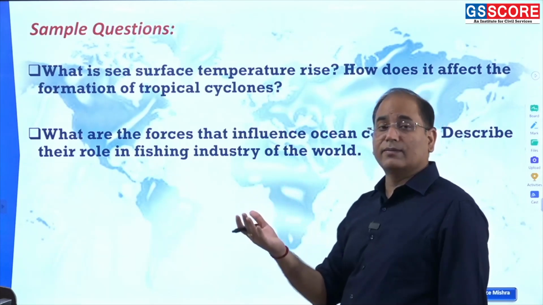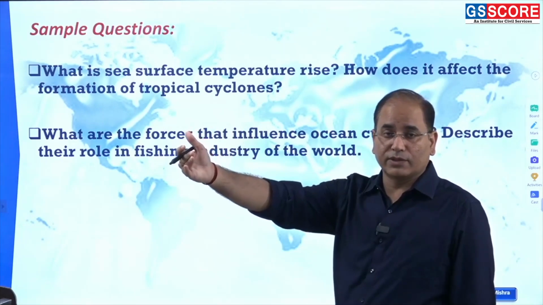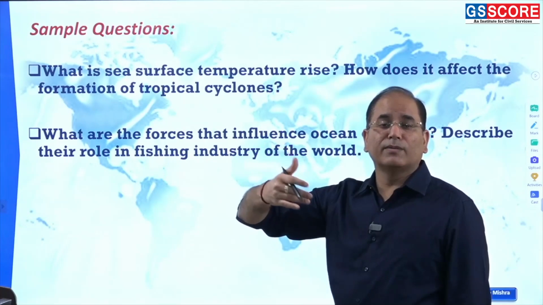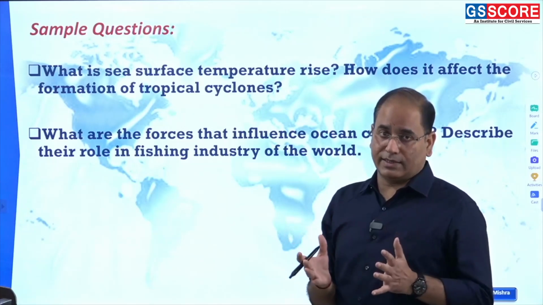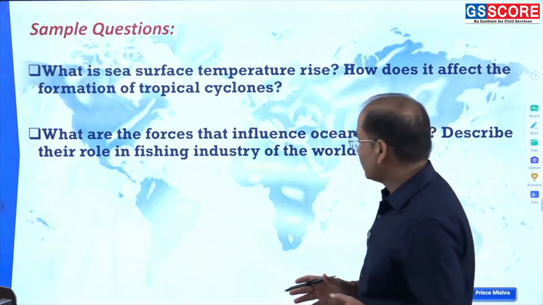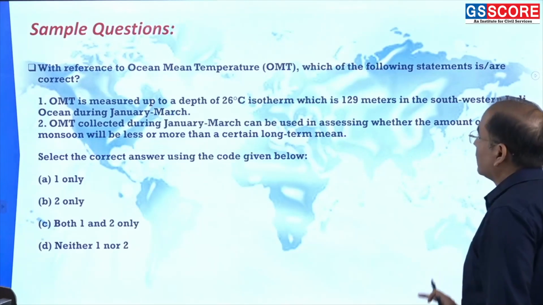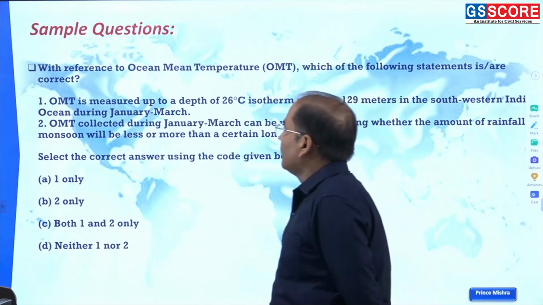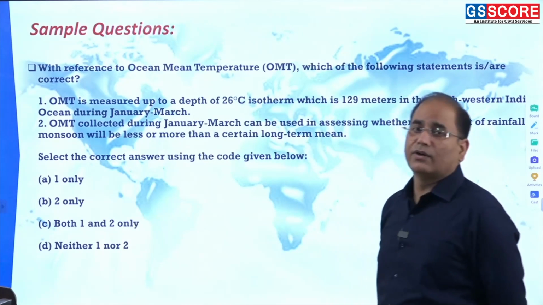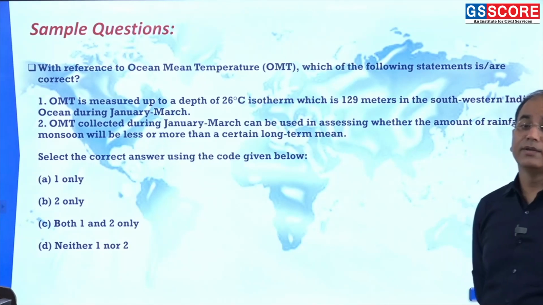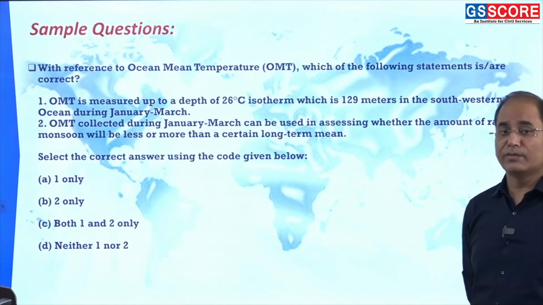Fishing industry means ocean current has a direct role over the fishing, and fishing is one of the important aspects of the economic activity for most of the countries. So, that is how the questions are being framed. In fact, the temperature part, salinity part, and also the ocean current part also dominate in the prelims examination.